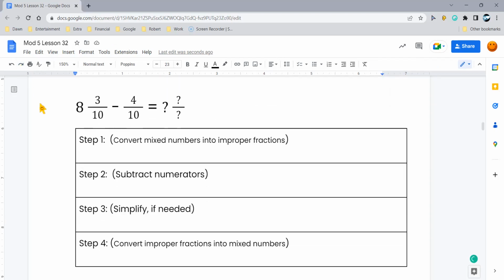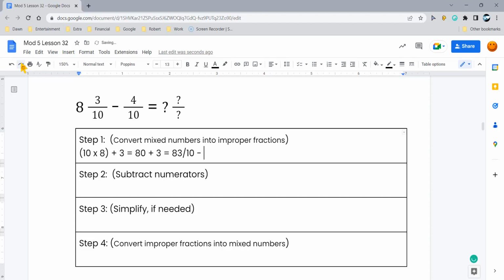We have 8 3/10 minus 4/10. So here we go. I have 10 times 8 plus 3. 10 times 8 is 80, and I add my 3, which gives me 83. I'm going to put that over my denominator, 10, and subtract.